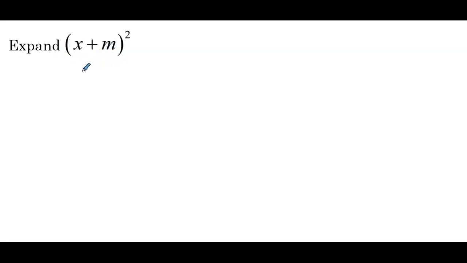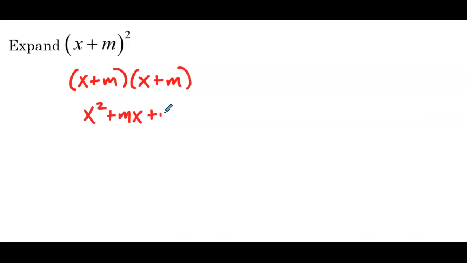We're asked to expand this. So the first thing that we should do is rewrite this as x plus m times x plus m. Now we can distribute everything out. So x squared plus mx plus mx plus m squared.